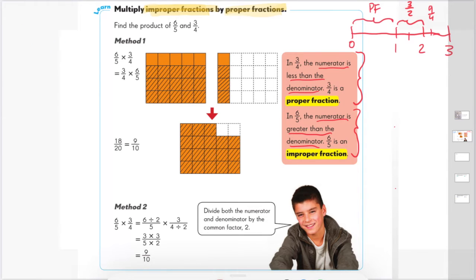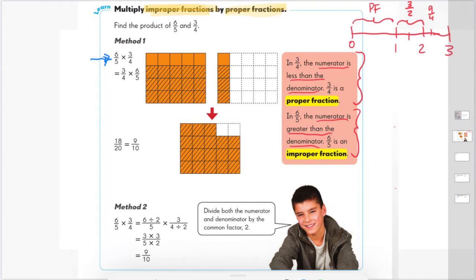Sometimes that's helpful when we're multiplying by improper fractions. For example, this problem says 6/5 times 3/4. In my mind, it's easier to think of taking 3/4 of 6/5. So I'm just going to switch those two fractions around, and we're going to get the same product.